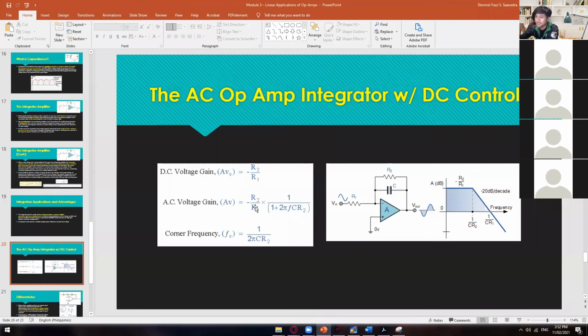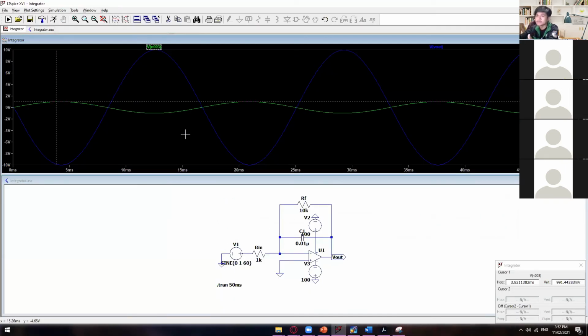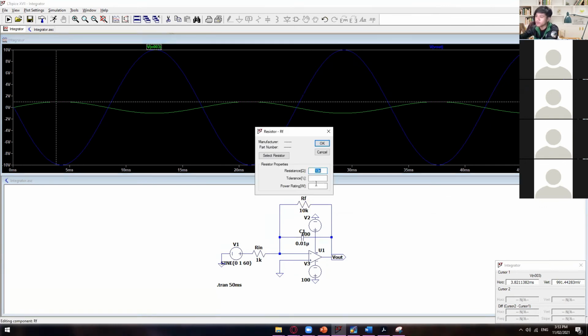So multiply that to our input. That is why we have 10 volts, or negative 10 volts, or positive 10 volts peak to peak. Okay, so that's our multiplier. So if you're going to put here 5K, then we have a gain of 5. It's like the multiplier of our voltage output.